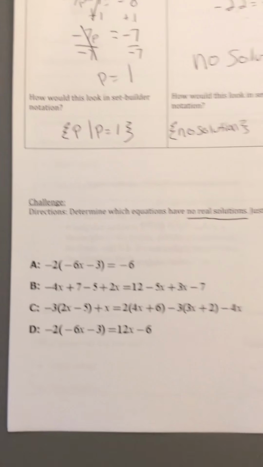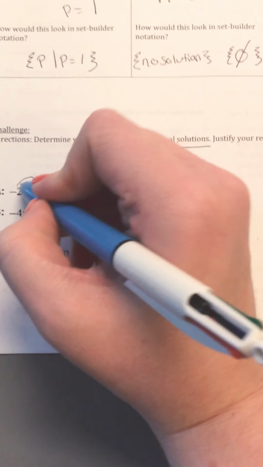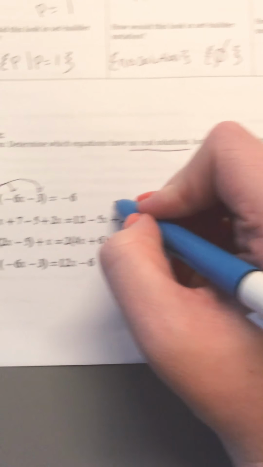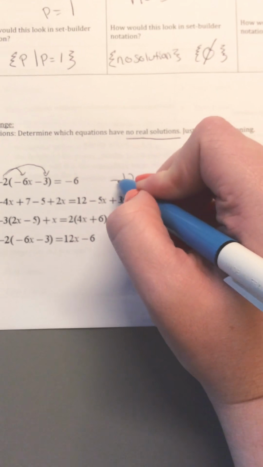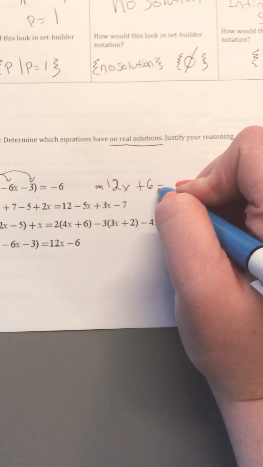So let's go ahead and solve this first equation. So we are going to distribute this negative 2, and that's going to give us positive 12x, plus 6 equals negative 6.